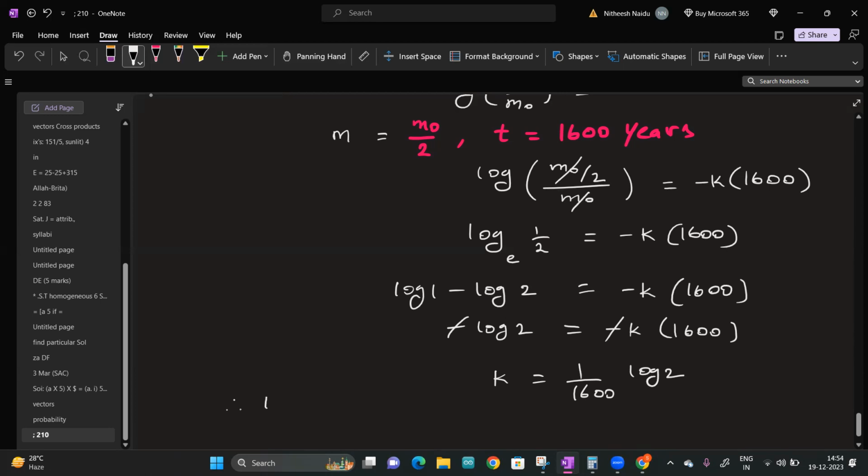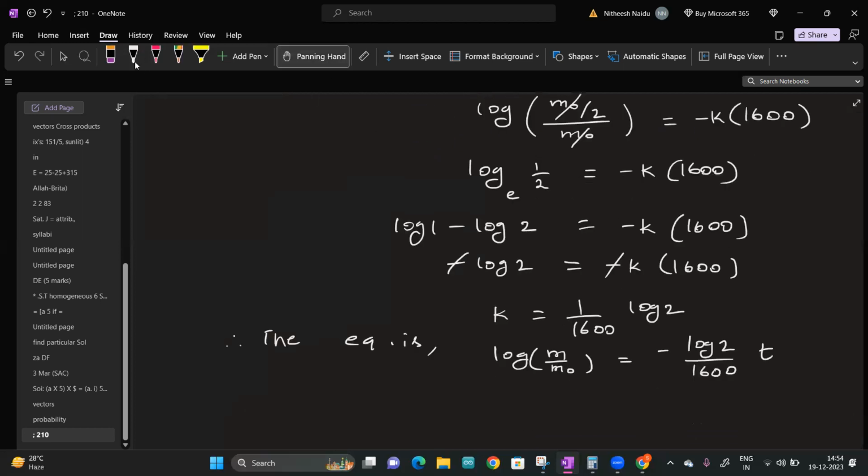Therefore the equation is log m by m naught is equal to minus k into t. What is the minus k value? Minus k value is log 2 by 1600, into t. This is the final equation.